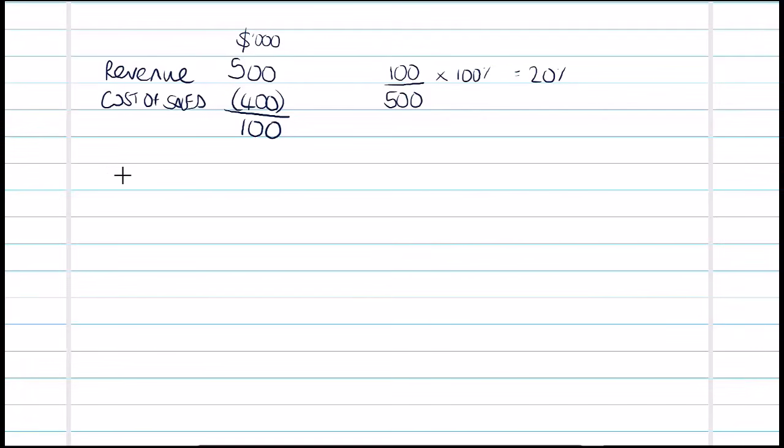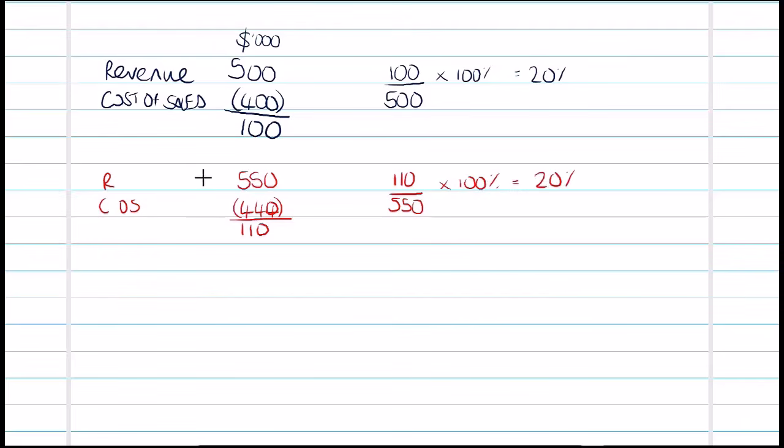Now let's imagine everything's gone up by 10%. So revenue up by 10% becomes 550, cost of sales up 10% is 440. 550 less 440 is of course 110. 110 is my gross profit over 550. As a percentage, yet again, that comes out at 20%.